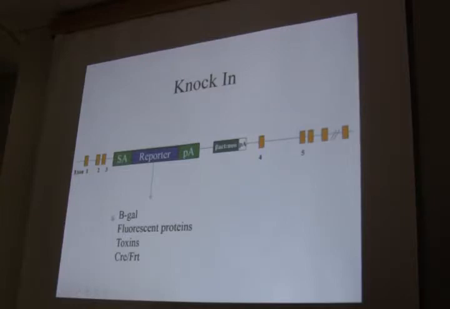And this reporter gene can either be like beta-gal, where you can stain tissues, or you can overexpress fluorescent proteins, or you can overexpress toxins that will kill any cell where it's overexpressed. And then again, you can have your Cres and your FRTs. This is the usual strategy for making all of those lines.